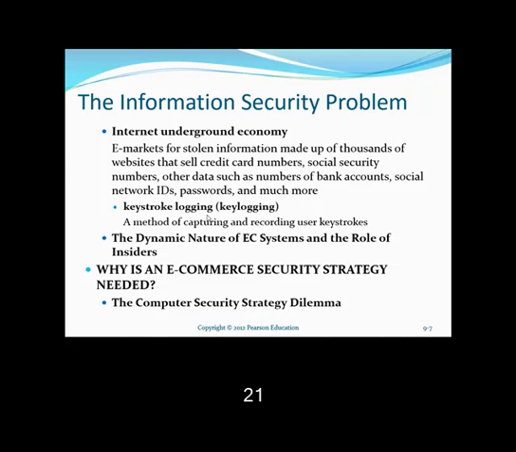Then they can sell the information. They also can get money. Not only do outsiders try to penetrate the system, but insiders can also gain access to the customers' personal information and sell the data. They also can make money.